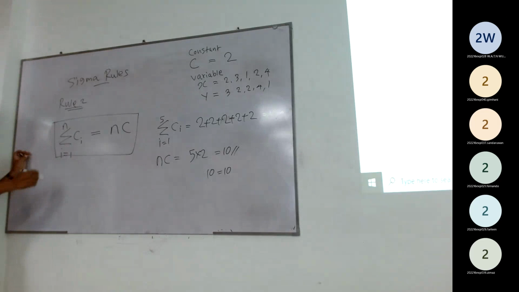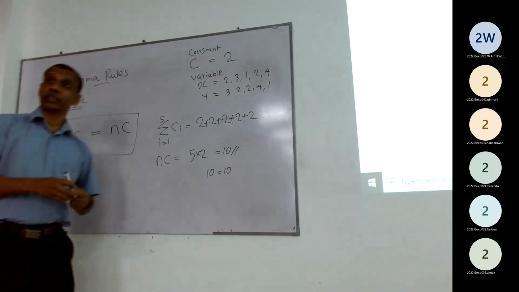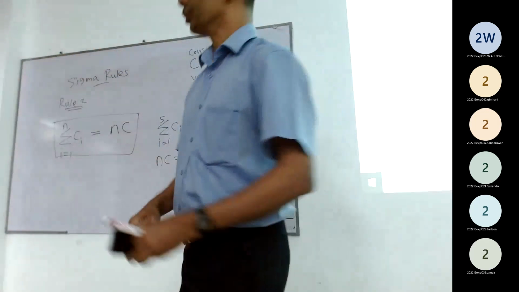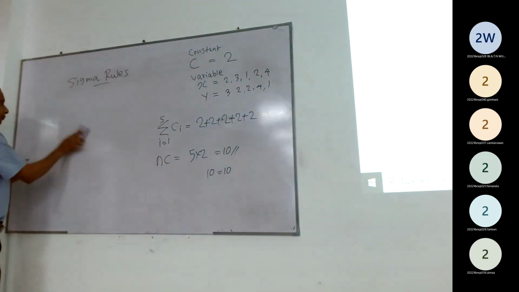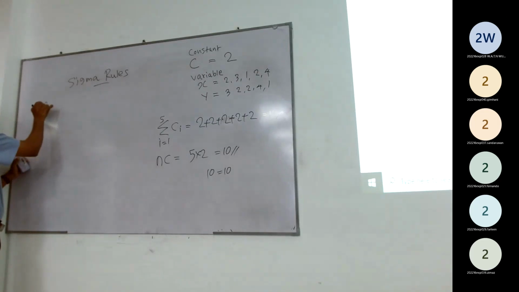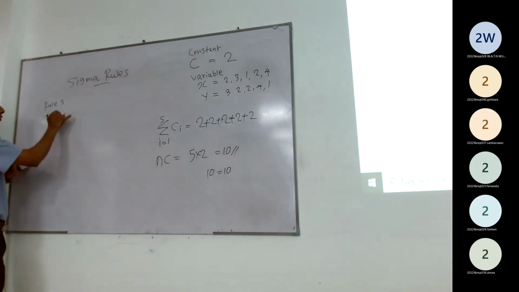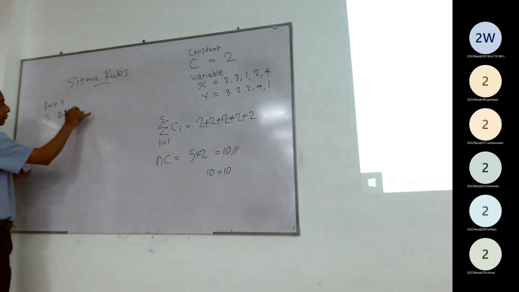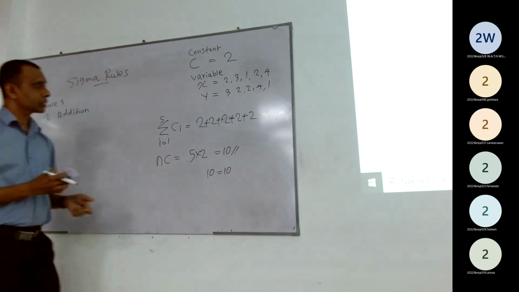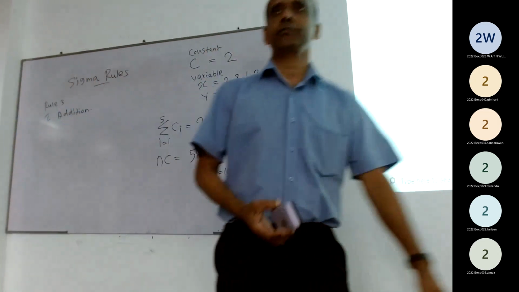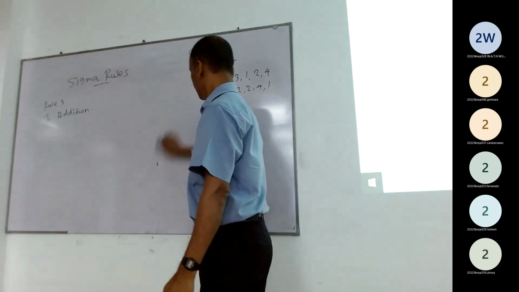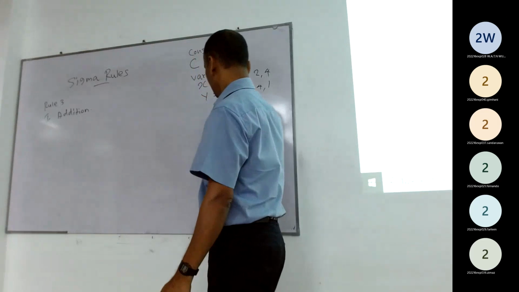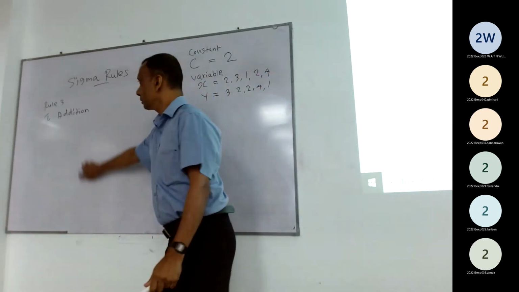That is rule 2. Then we want to study rule 3, part 1: addition. The second one is subtraction, the first one is addition.